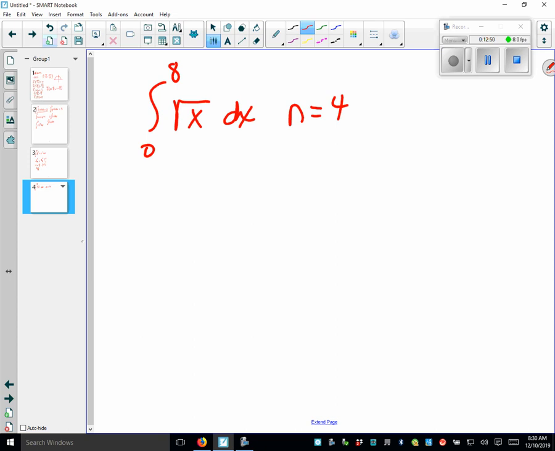Radical. How does that make it easy? It makes it real easy. I'll show you. What's radical 2? If n is 4, don't I want f of 0, f of 2, f of 4, f of 6, and f of 8?